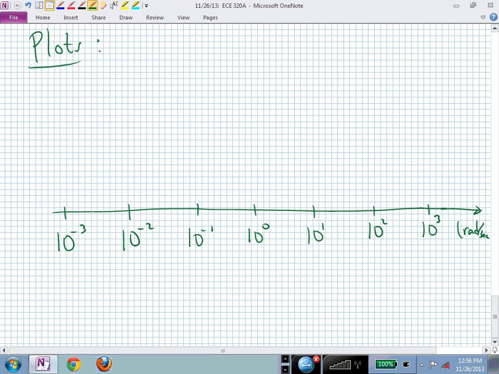You can now just sketch it across, but you have to realize that you're doing a log scale. So if you needed to go to, let's say 2, that would be between which of these two numbers? If I needed to go to 2 radians per second, where would I be traveling? 10 to the 0 and 10 to the 1.